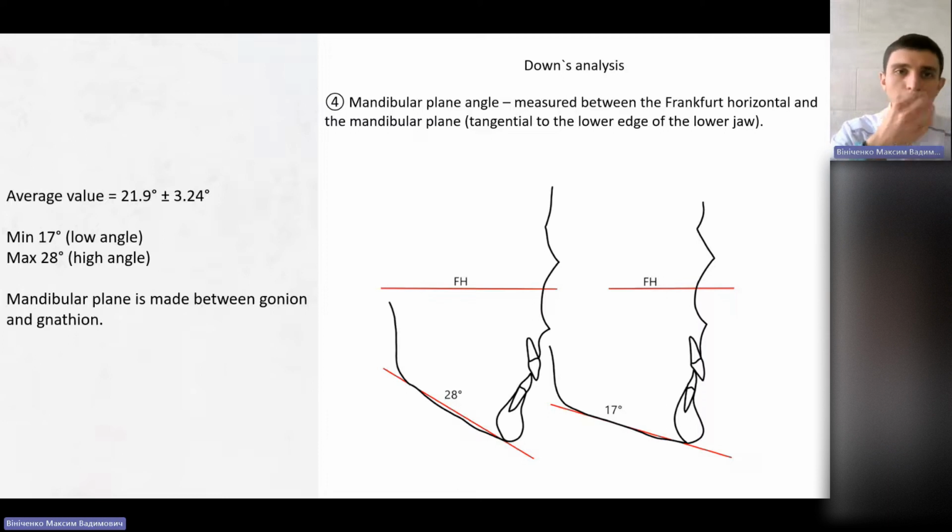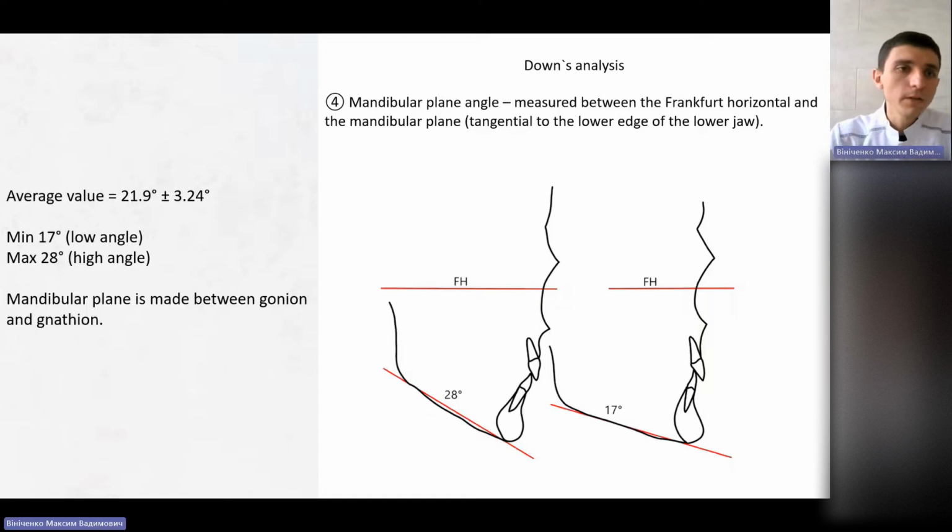Because the mandibular plane angle, or FMA, is 17 or lower. If, for example, the mandibular plane angle or FMA is 28 or higher, for example 32 or 33, we say that this patient has a high angle. And it is very important.